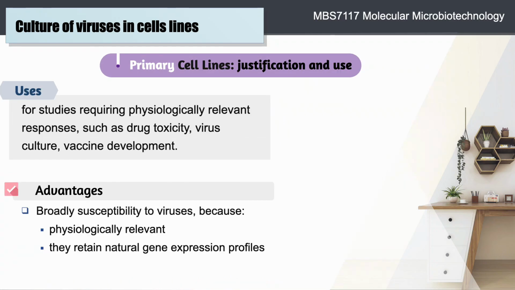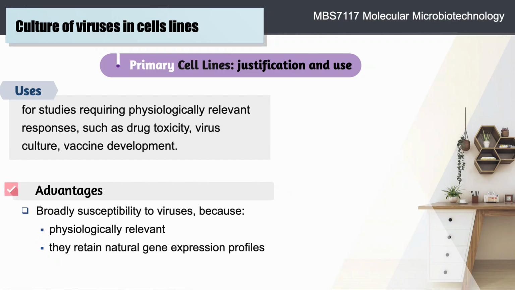Now let's look at the justification and uses of the primary cell lines. We shall start with the uses. They're used in studies requiring physiologically relevant responses. These include drug toxicity studies, virus culture, and also vaccine development, to mention a few.